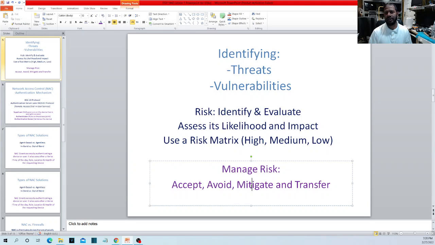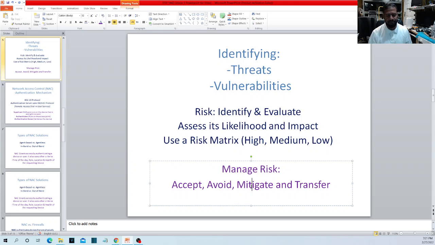Fire risk cannot be completely eliminated. So what you can do, you can mitigate. For fire, you're going to have the fire alarm, you have the fire extinguisher system, everything is in place. For the virus, you're going to have the top of the line antivirus. You buy it, install it, configure it, and have antivirus on guard. These are the things you do to mitigate the risk or reduce the risk.